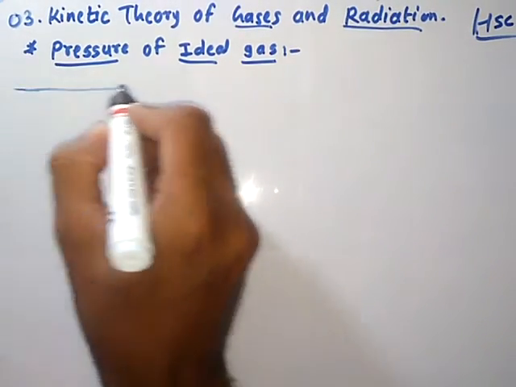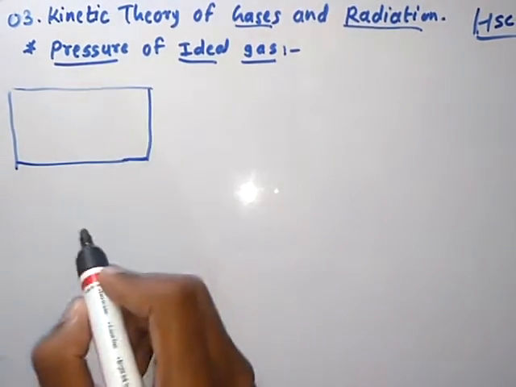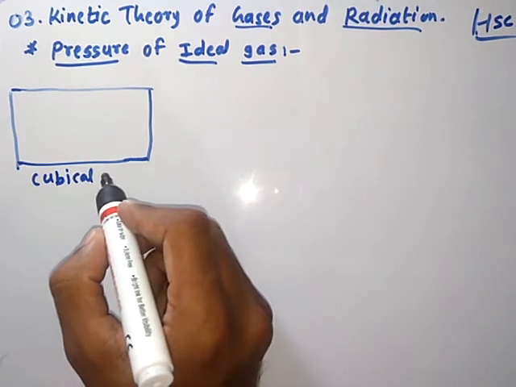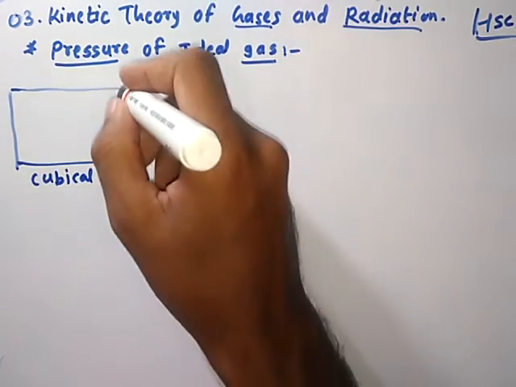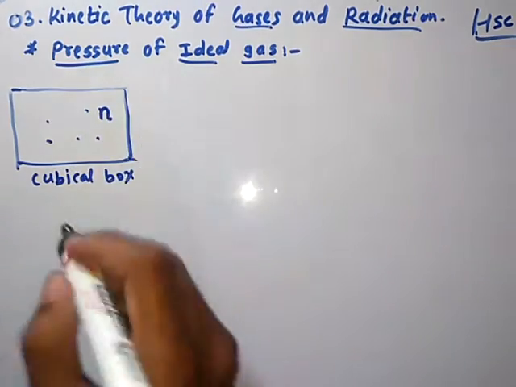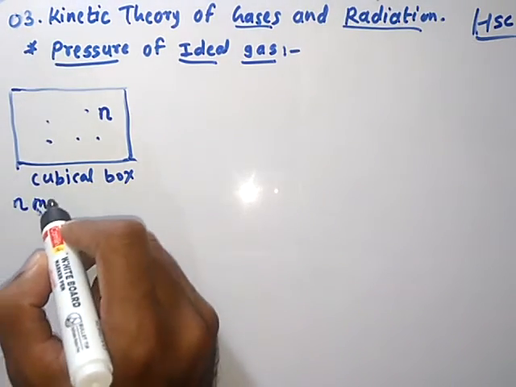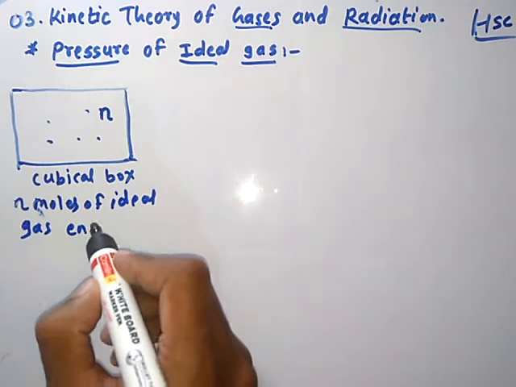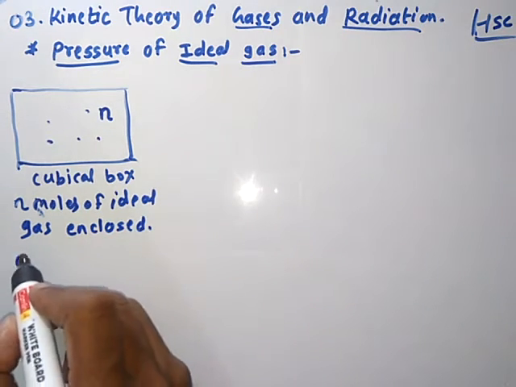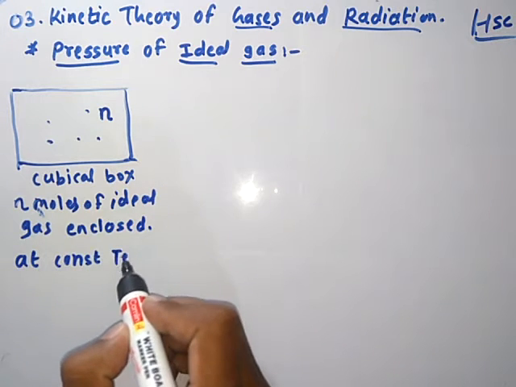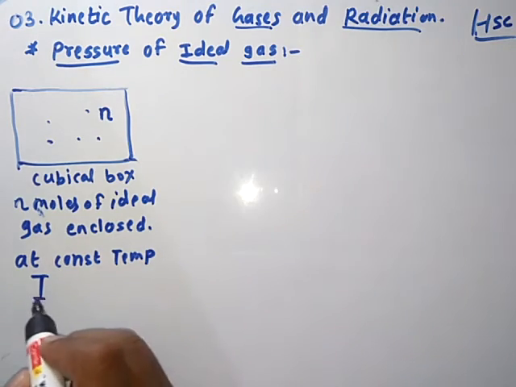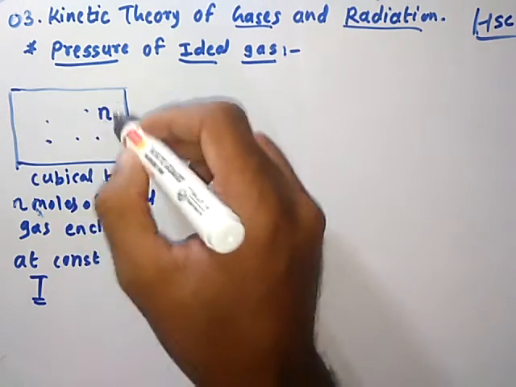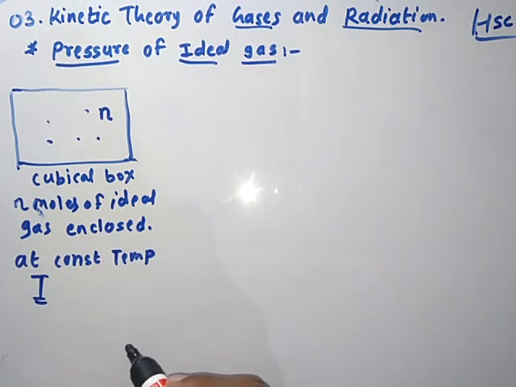So suppose we have a container which is a cubical box in which n moles of ideal gas are enclosed at constant temperature T. So the temperature of this assembly is constant, equal to T. There are N molecules of ideal gas enclosed in that cubical box.